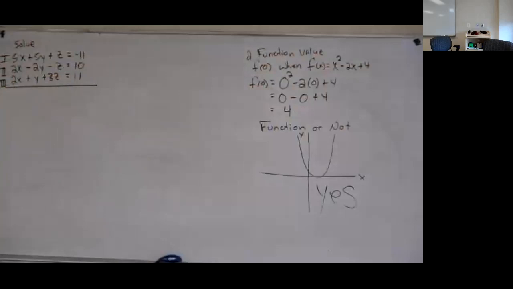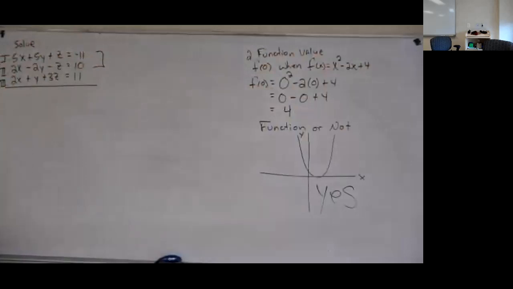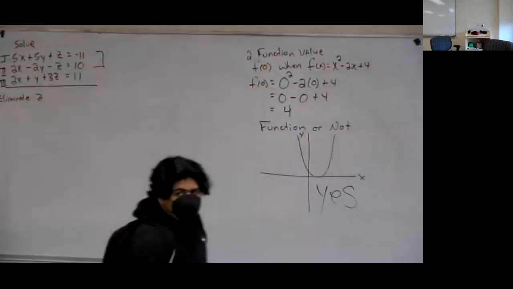So my goal is to turn a 3-variable system into a 2-variable system. Once I've got a 2-variable system, I solve that to get the variables. So first thing I'm going to do is eliminate the z's. To eliminate the z, I'm going to add 1 and 2 together first.